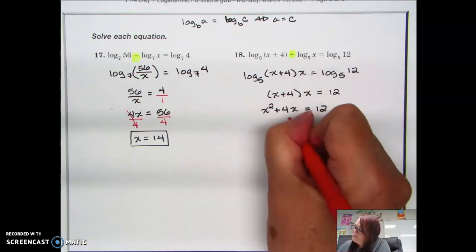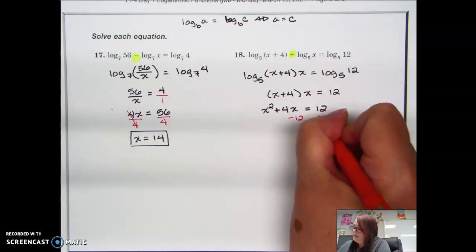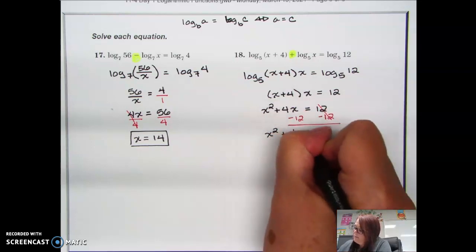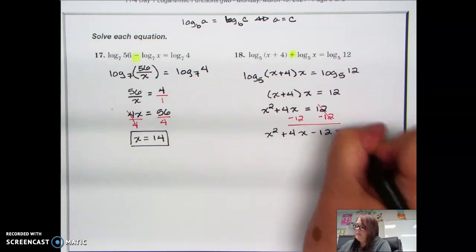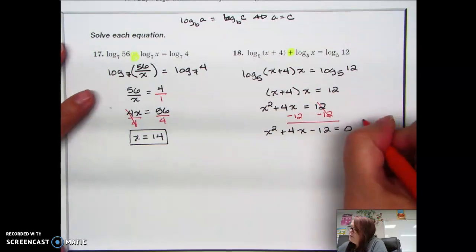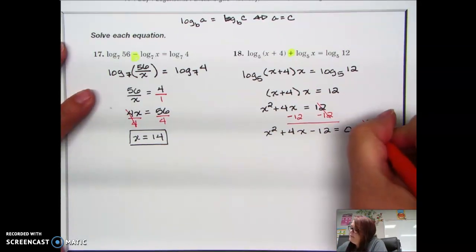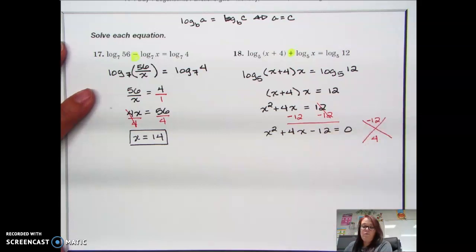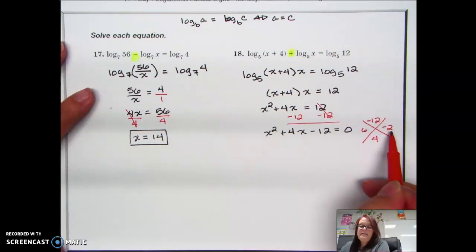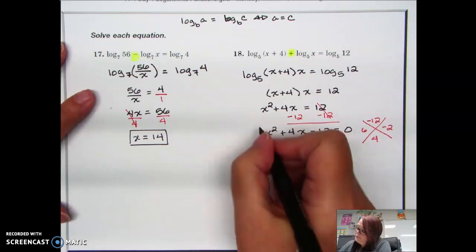And then remember, if we're dealing with a quadratic, we've got x squared plus 4x minus 12 is equal to 0. Anytime you're dealing with a quadratic, you want to get everything over to the same side and then see if you can factor. So the question is, what multiplies to give me negative 12 that adds to give me 4? Hopefully you could see that would be 6 and negative 2, because their product is negative 12 and their sum is positive 4.